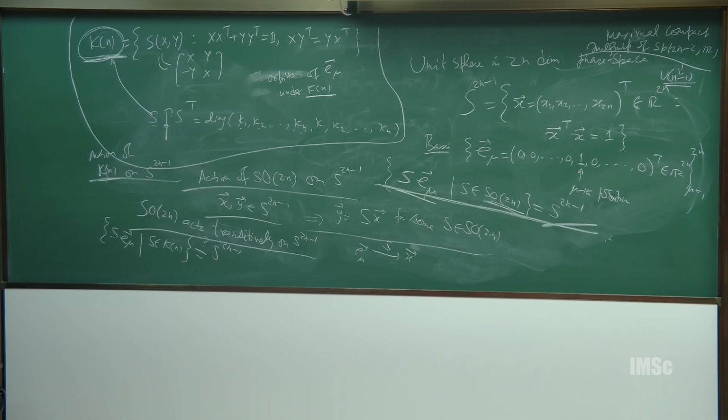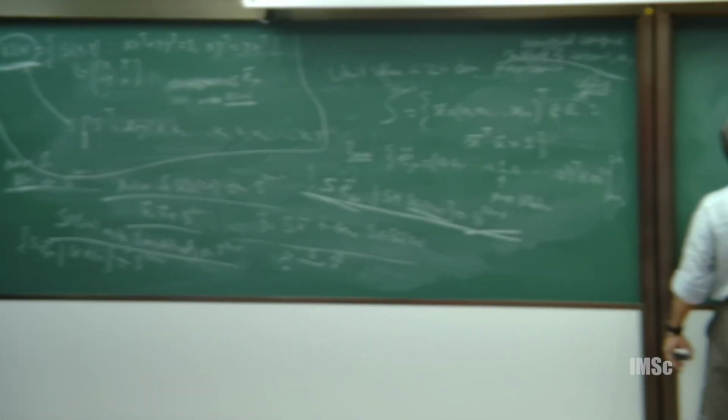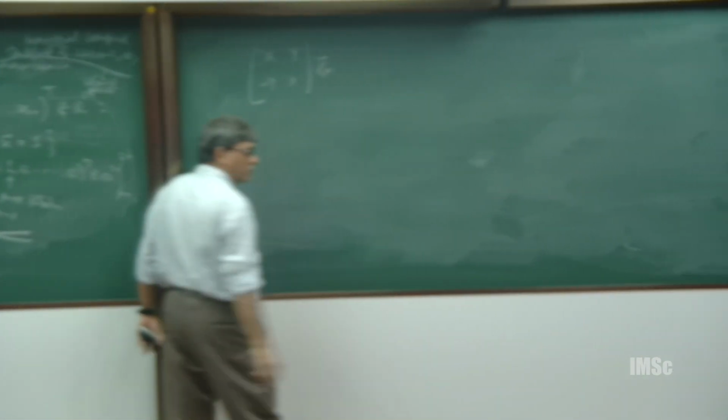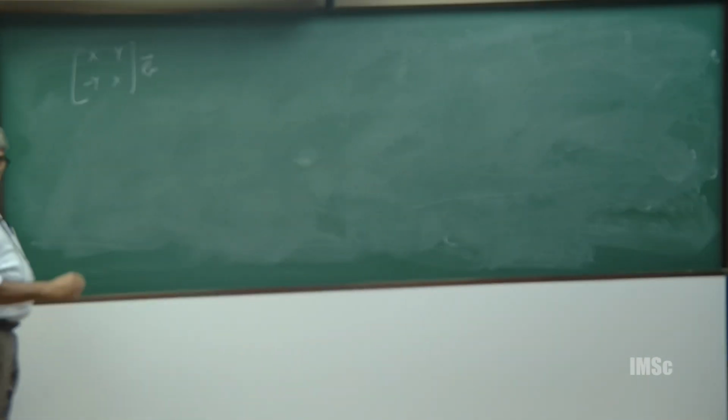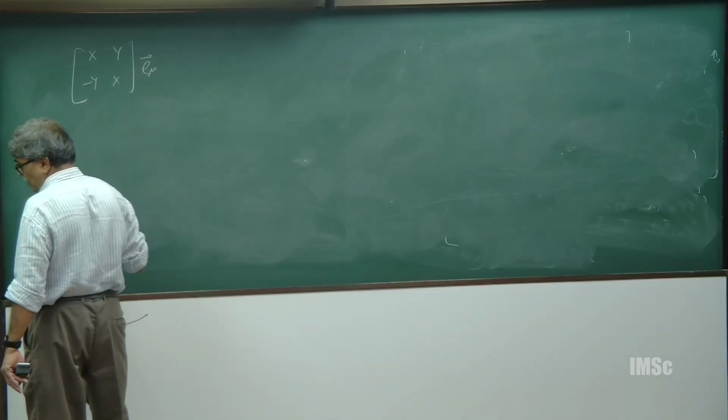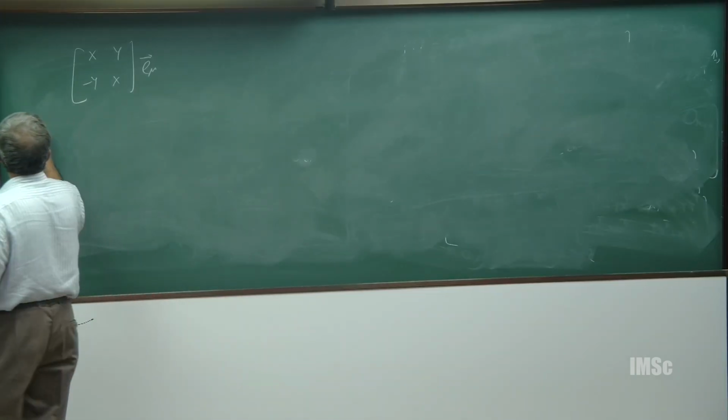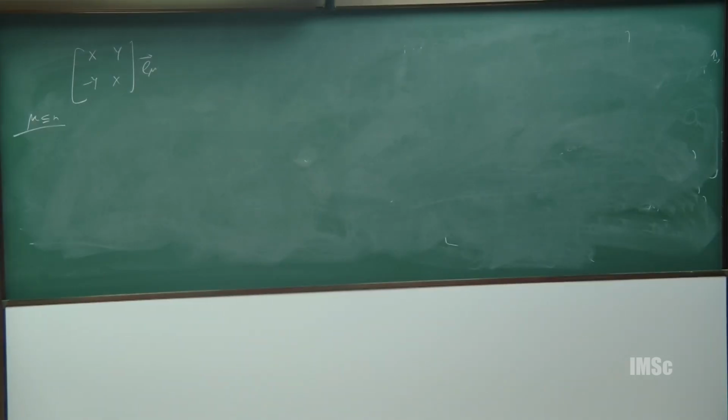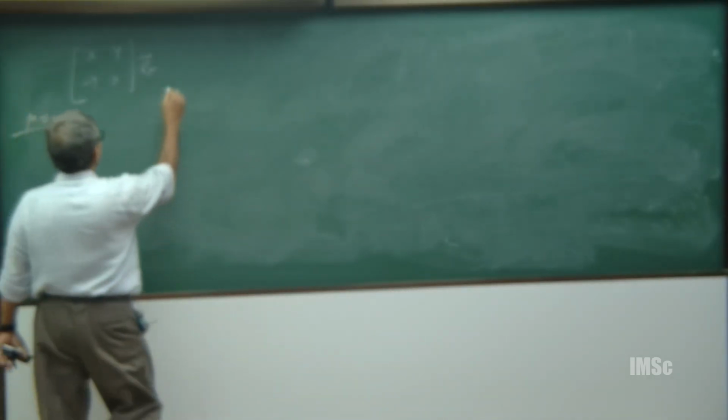So, let us take the action of this xy minus yx on E mu. It depends. Let us say mu is less than or equal to n, this is the first case. Then what will happen to this?